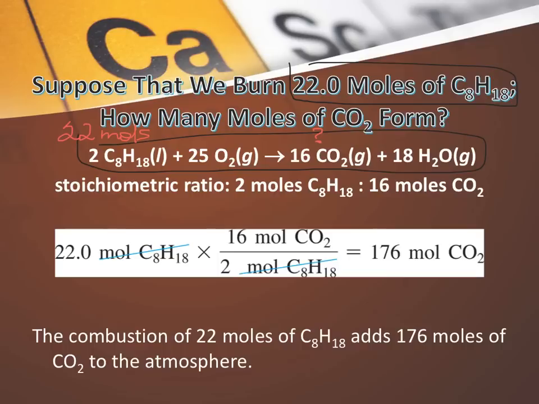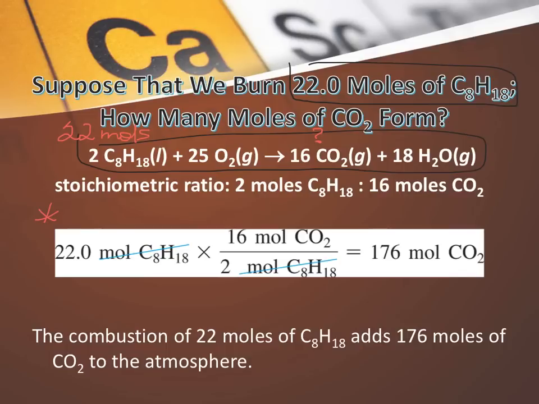If you have a math type brain, you may be able to just look at that and know the answer, but I guarantee very quickly you won't be able to do it in your head. So you really need to learn the process by which we calculate stoichiometry problems and stick to that process closely. You will need to show your work in this manner to get credit on tests, so get used to doing it, please.